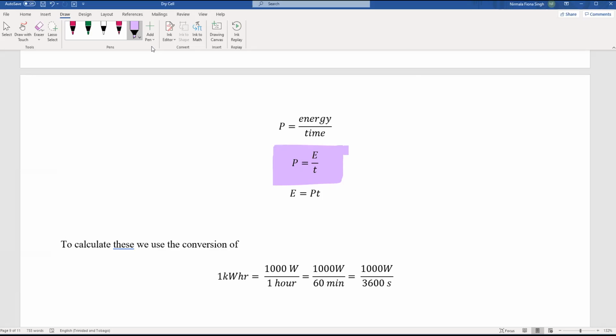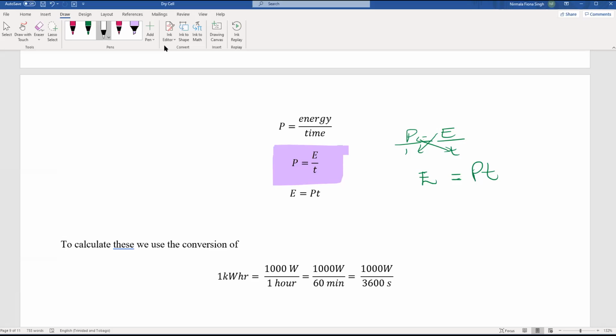So power is equal to energy over time, or P is equal to E over T. And if we cross multiply this, you're going to get E. Remember, every number is assumed to have a 1 over it. So you're going to have E is equal to P by T, which will give you PT. All right, so energy is equal to power by time.